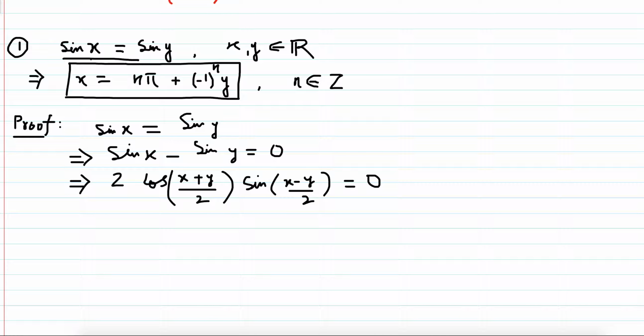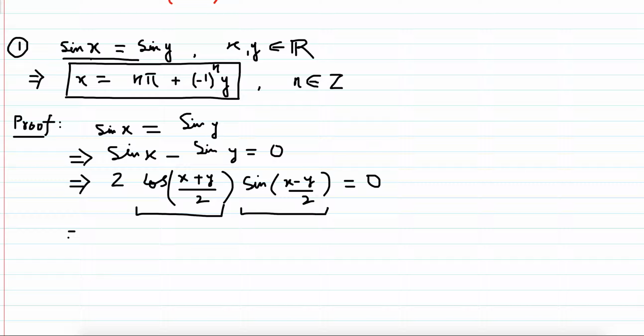Now here the product of two numbers is 0. So either one of them or both has to be 0. If one of these is 0, then their product is 0, or if both are 0, then also the product is 0.